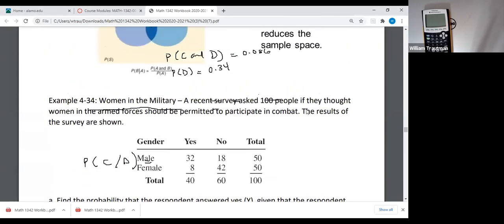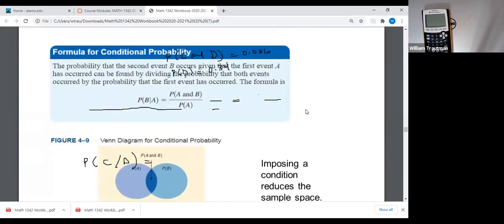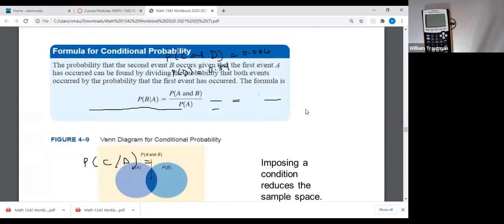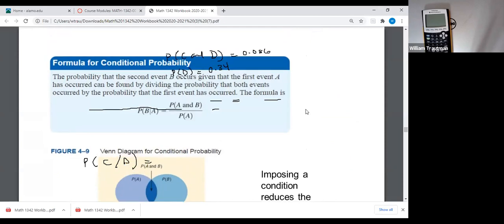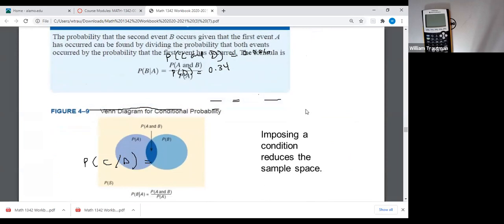The formula is the probability of A and B divided by the probability of A. The probability of B given A is the probability of A and B. I know it sounds crazy, all these B's and A's. But if you write this down and then say which one's A and which one's B, it's not too bad. The probability of B given A.